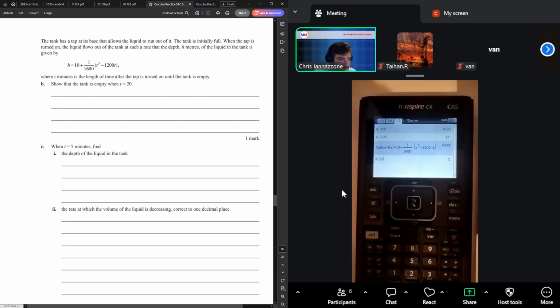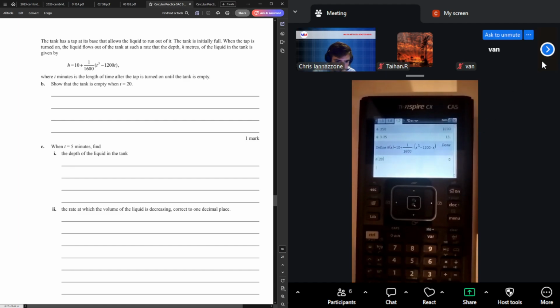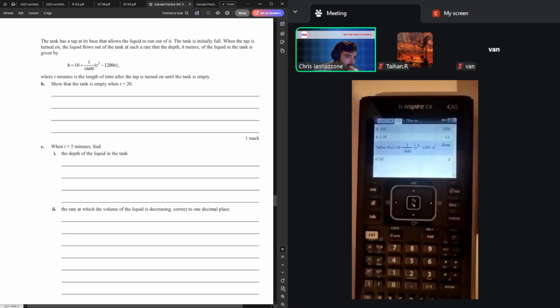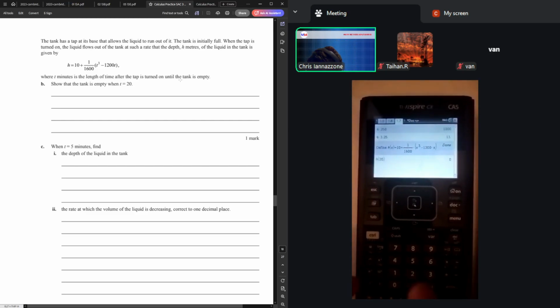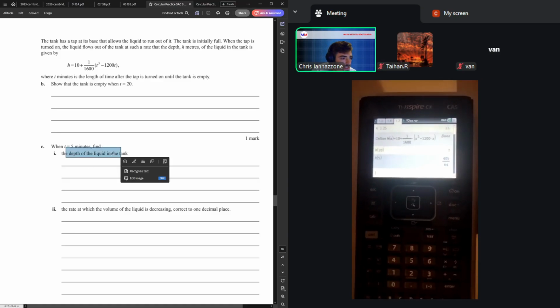Depth of the liquid in the tank when t equals 5. Isn't that just the height? Yeah, so they've defined h as depth, right? So depth of liquid as h. So whether they say depth or h of 5. h of 5. Yeah, exactly. H of 5. Give the exact, and don't give the decimal rounded, because it didn't say a number of decimal places.